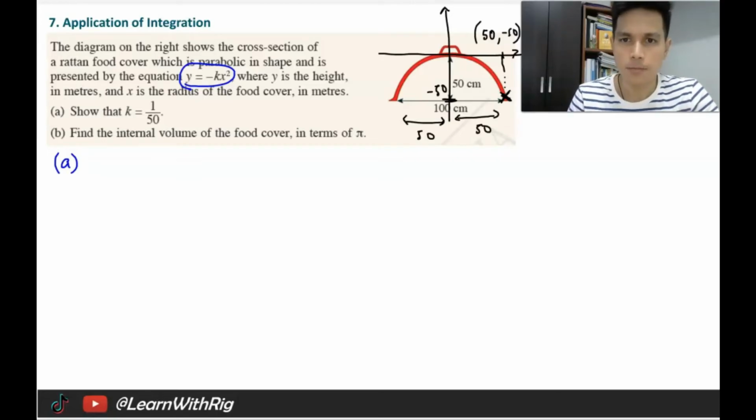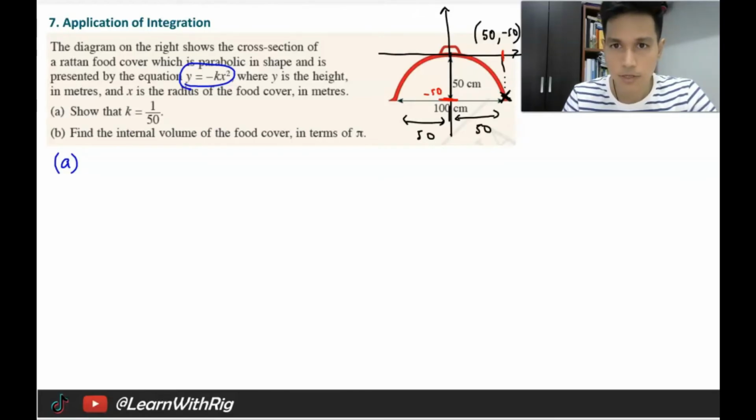I hope you all understand what I'm saying here. Let me repeat in case you don't know what I'm talking about. This is your y-axis, right? So if you notice that here is 50 cm. So that means at this point it is negative 50, and at this point on top here, because 100 cm is the diameter, correct? So 50 cm would be the radius.